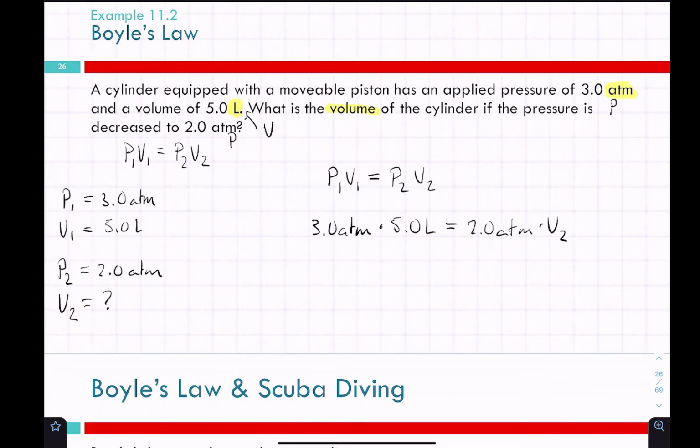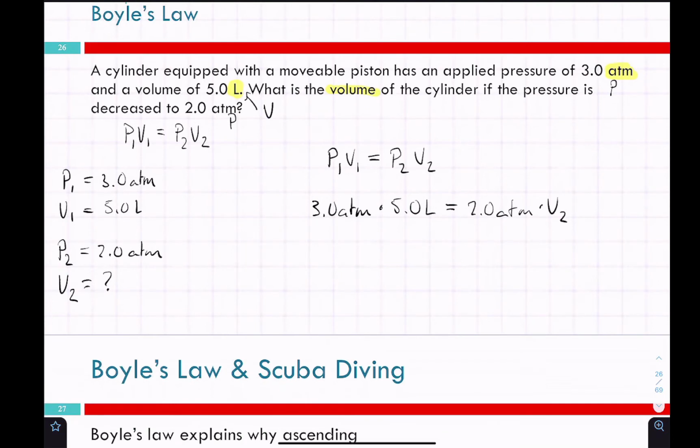Now, based on kinetic molecular theory, the stuff we talked about with gas laws already, do you expect the volume to be larger or smaller after changing the pressure from 3 atmospheres to 2 atmospheres? Should be larger, right? So our pressure went down, so the volume goes up. Opposite, inverse relationship.